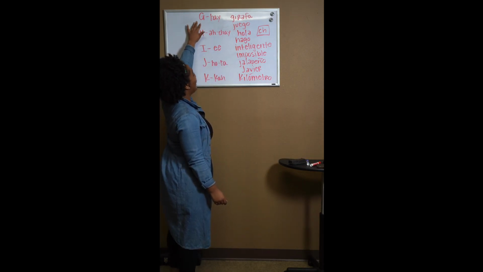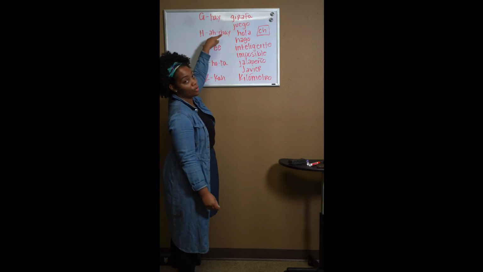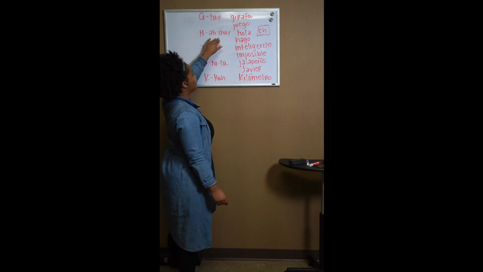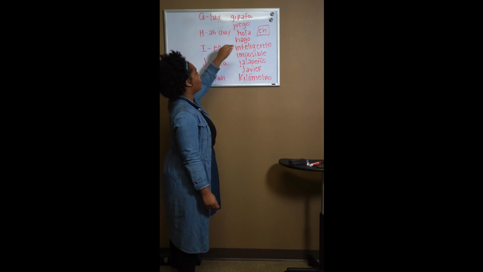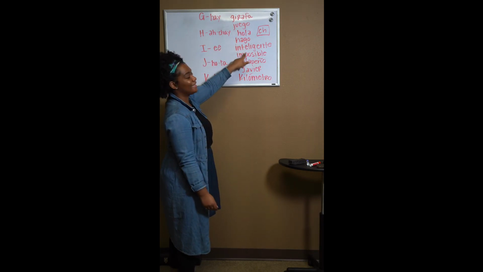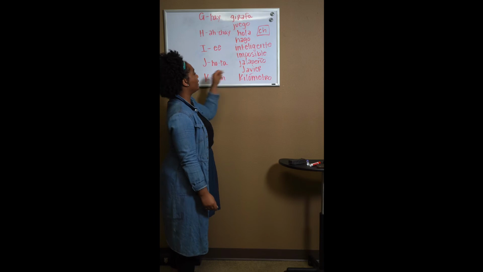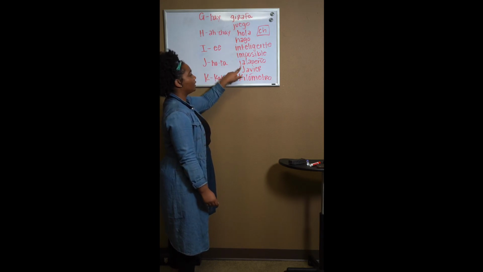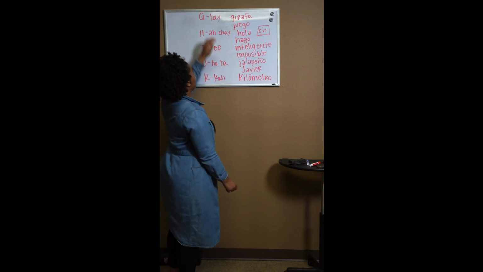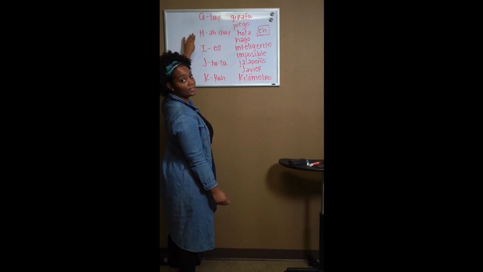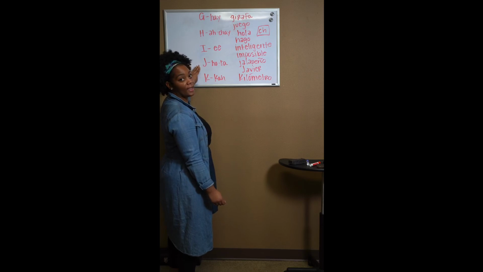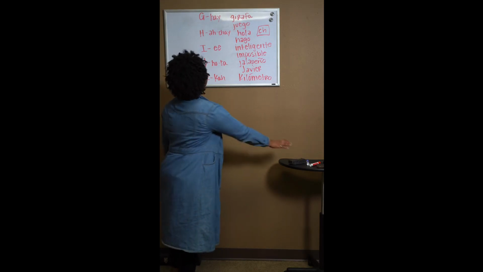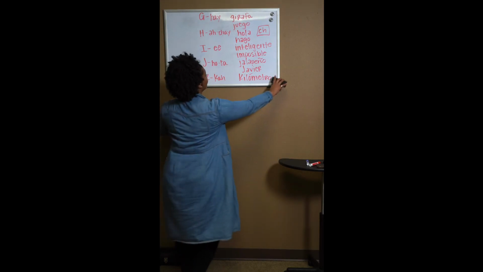We have G as in jirafa or juego, H as in hola or hago, I as in inteligente or imposible, J, jalapeño, Javier, and K, kilómetro. G, H, I, J, K. All right, let's move on.